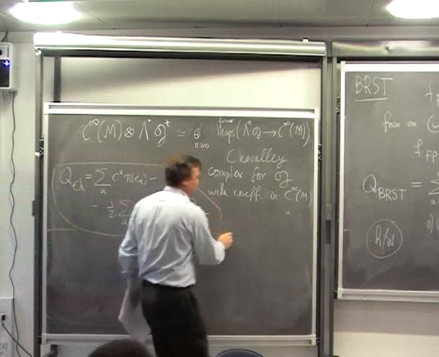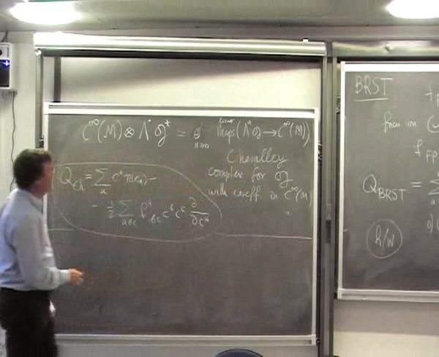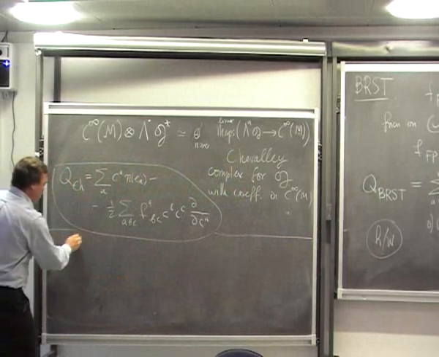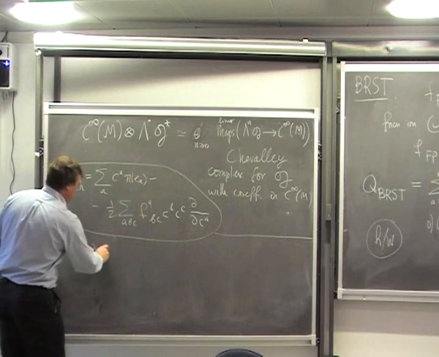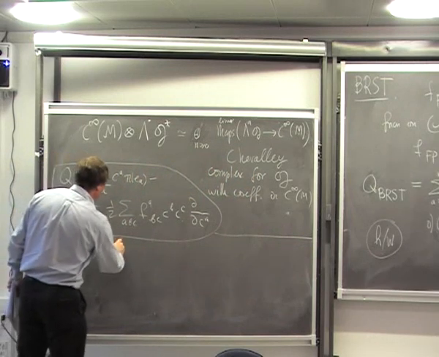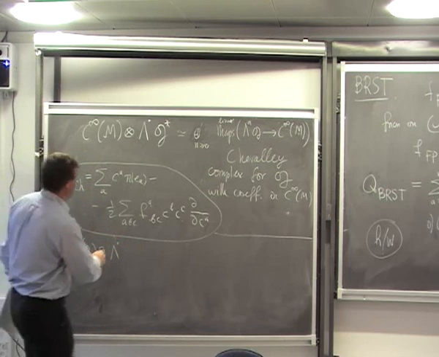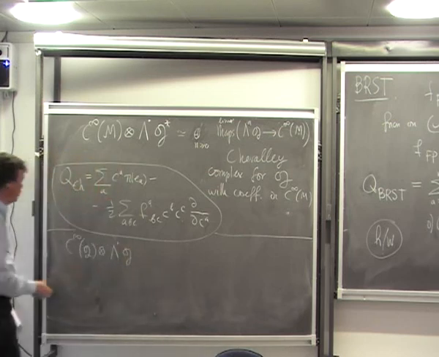That's the first part. And the second part: it will take C infinity functions on G tensor the exterior algebra on G.